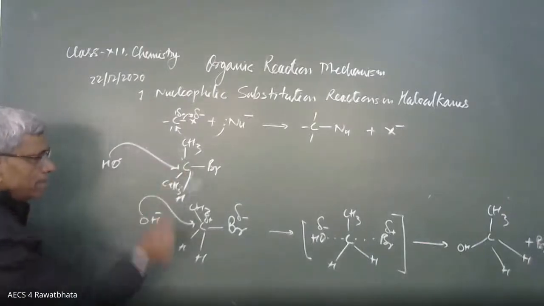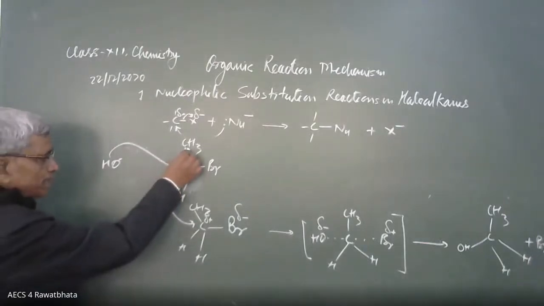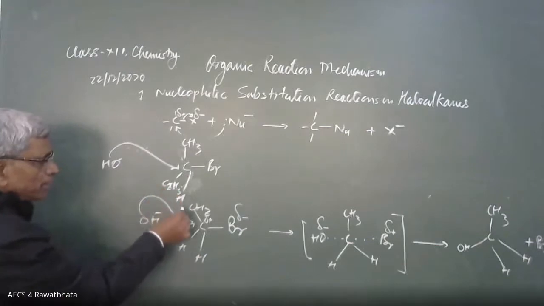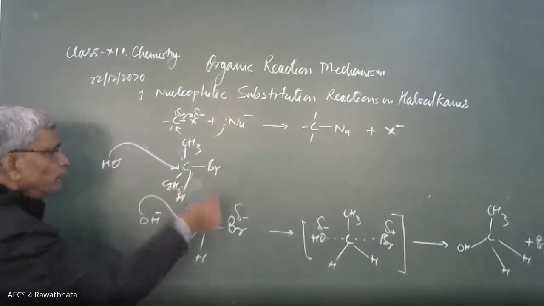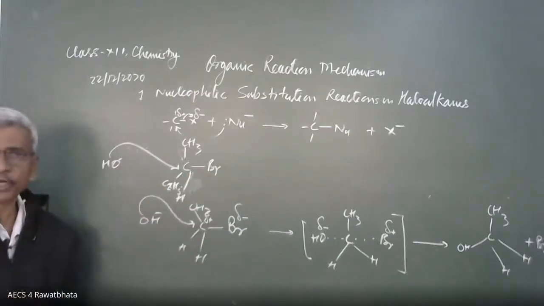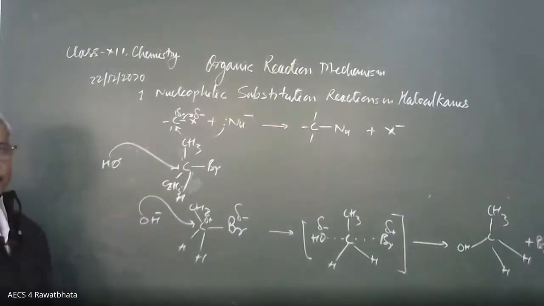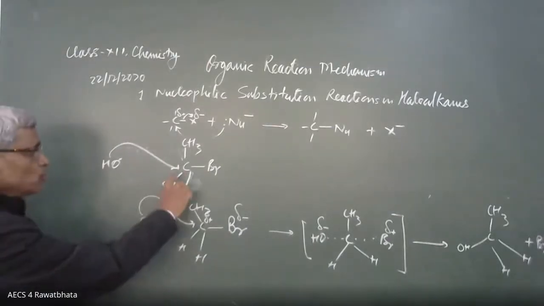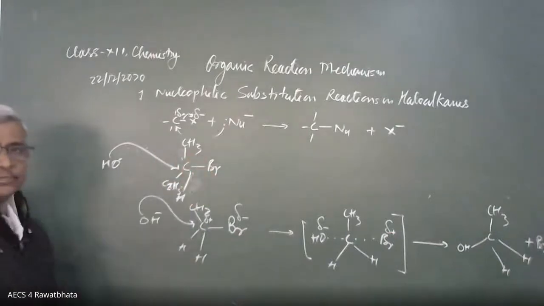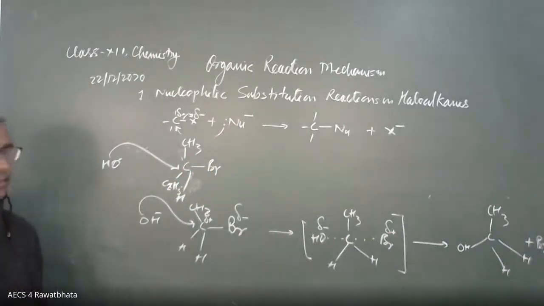This carbon is a chiral carbon because one group is CH3, another is C2H5, the third is hydrogen, and the fourth is Br. All four are different. That's why this carbon is asymmetric. It is optically active. It is not going to superimpose on its mirror image. So this is an optically active compound.